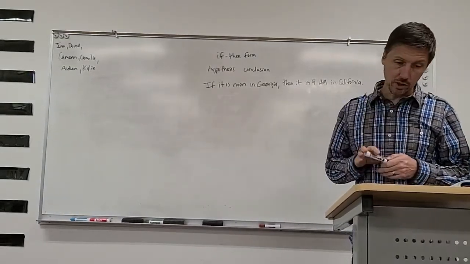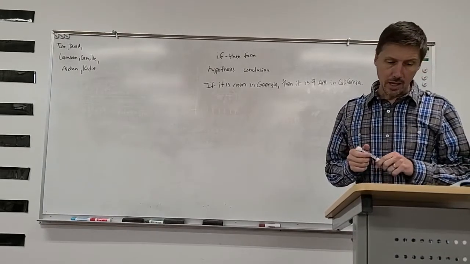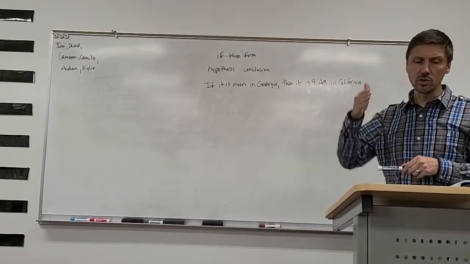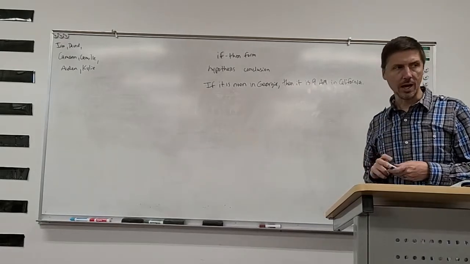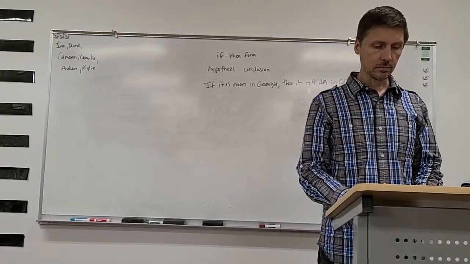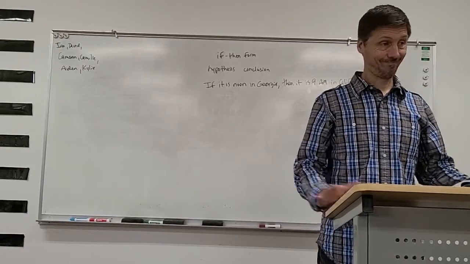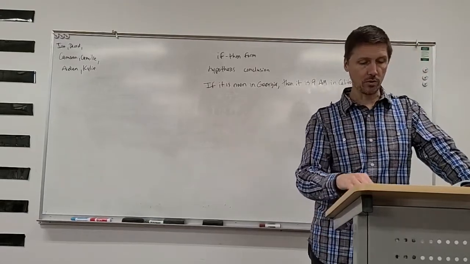2 points are collinear if they lie on the same line, and they ask us to rewrite that in if-then form. If 2 points are collinear, then they lie on the same line. Or, if 2 points lie on the same line, then they're collinear. You can do both, and we're going to go there as we go on through this chapter.